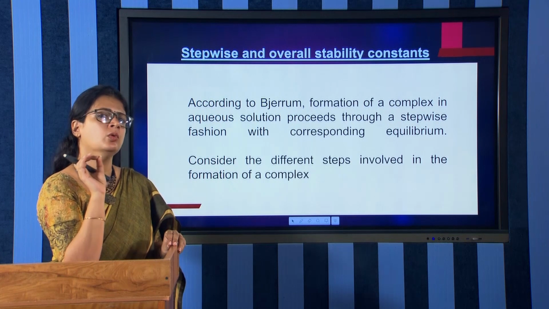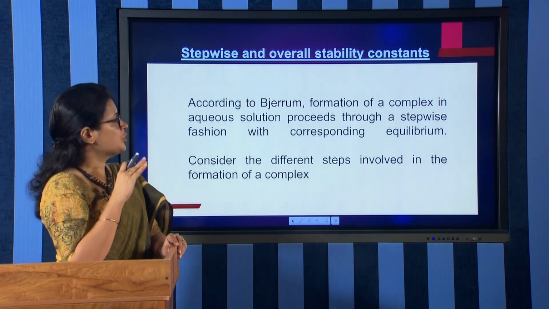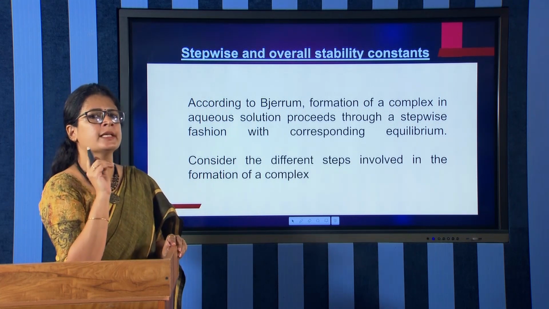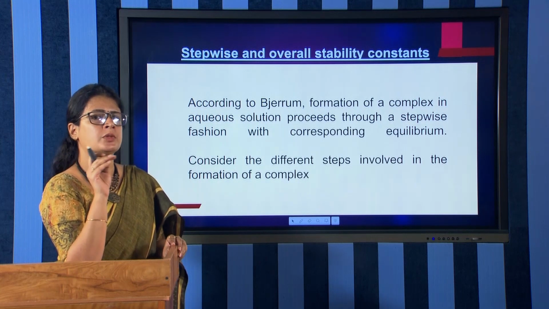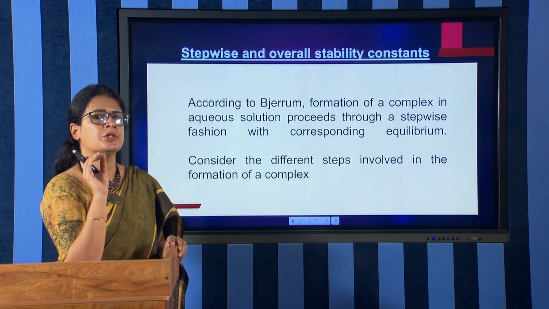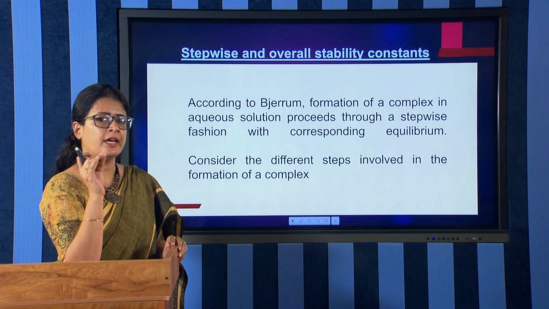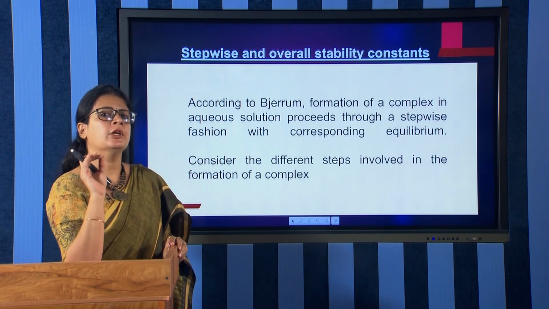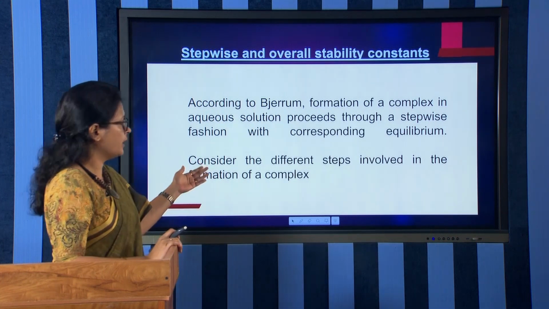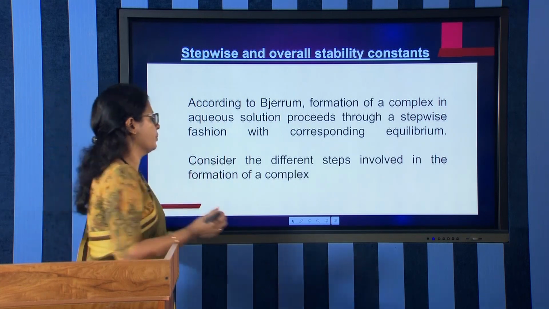And according to Jerome, formation of a complex in aqueous solution proceeds in a stepwise fashion with corresponding equilibria. You can consider the different steps involved in the formation of a complex.